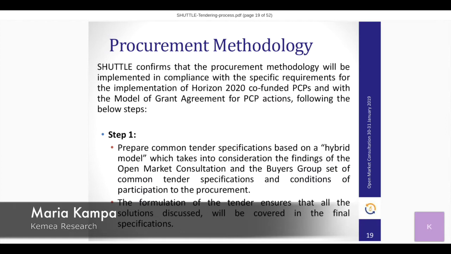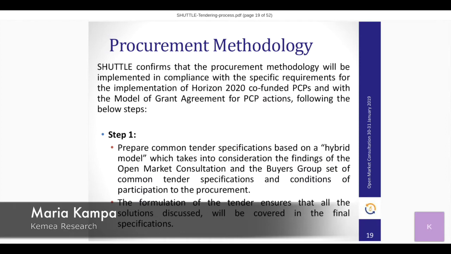So, for the procurement methodology, SHUTTLE project confirms that the procurement methodology will be implemented in compliance with the specific requirements for the implementation of Horizon 2020 co-funded PCPs and with a model of grant agreement for PCP actions following the below steps.